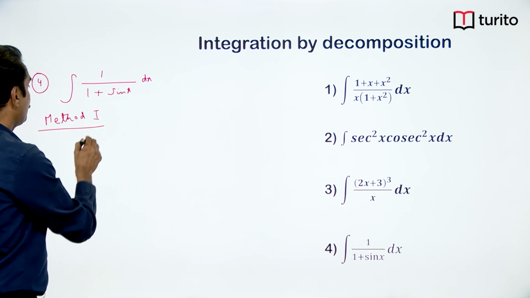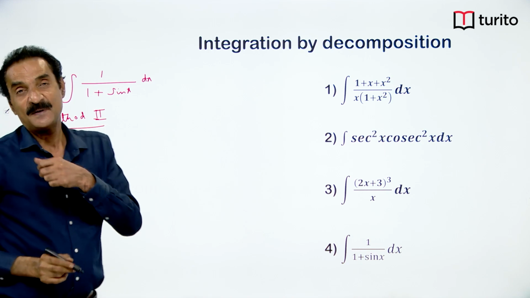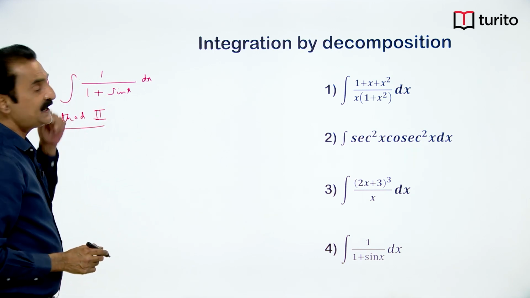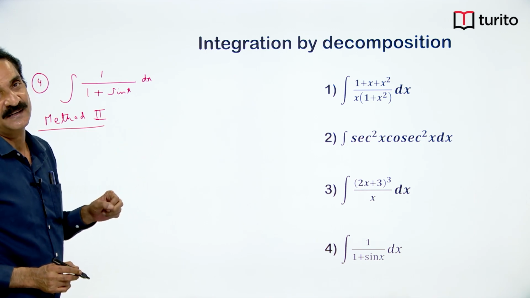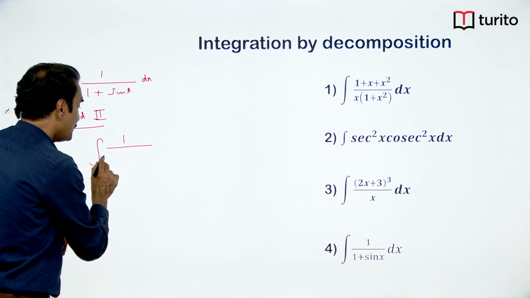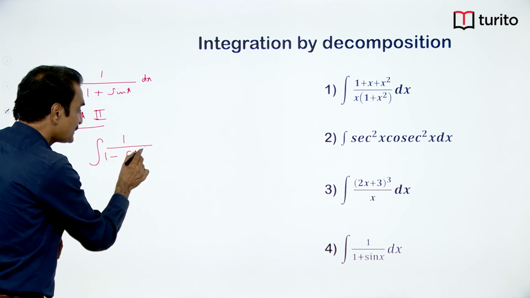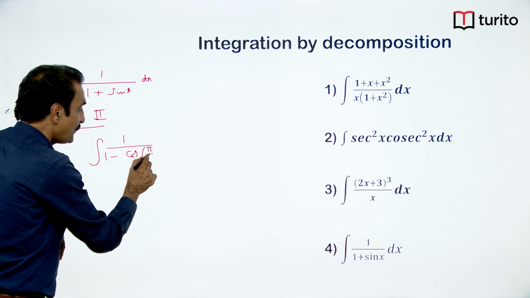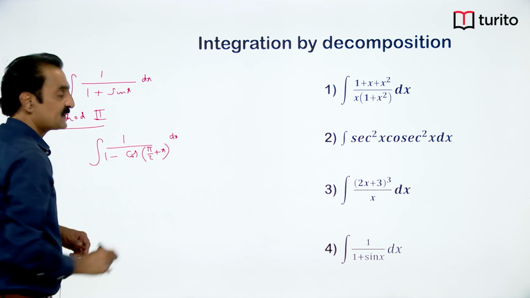Method 2. In this method, I will write sin x as minus cos of pi by 2 plus x. So, 1 by 1 minus cos of pi by 2 plus x dx.